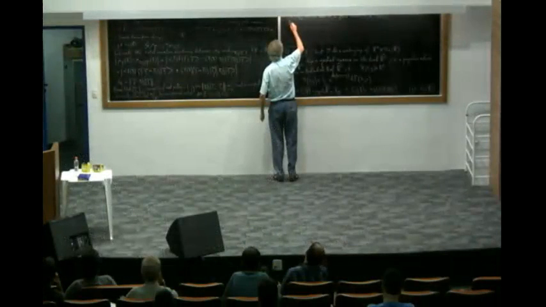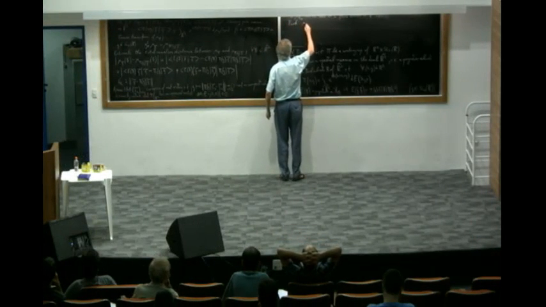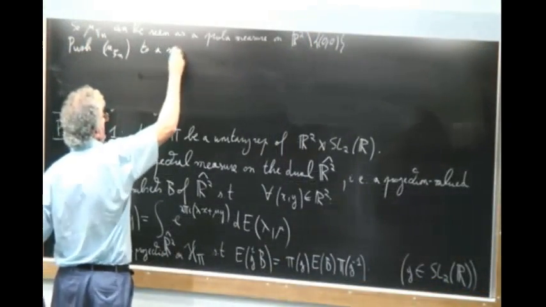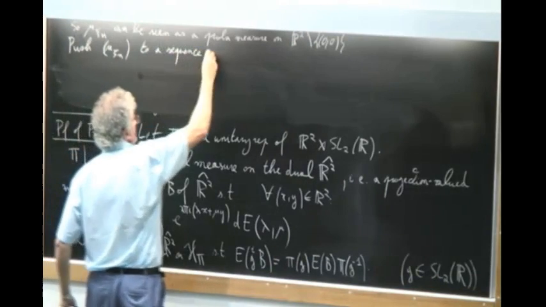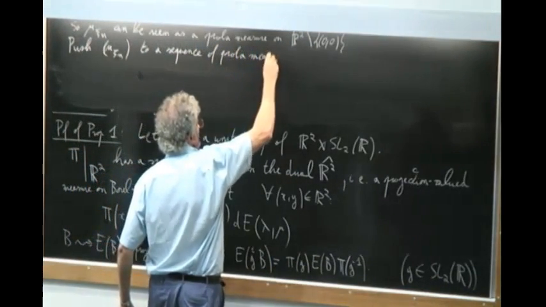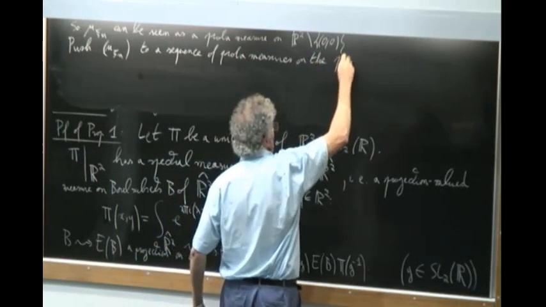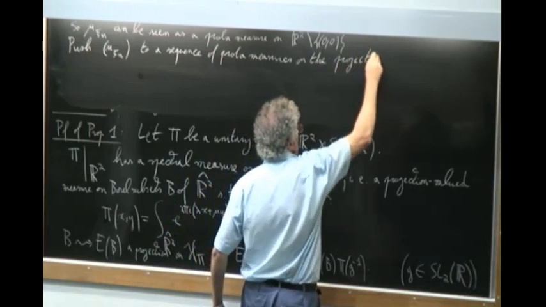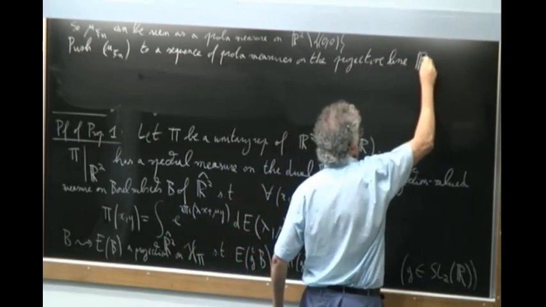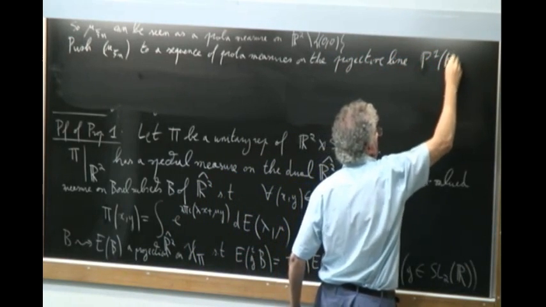So push the nu psi n to a sequence of probability measures on the projective line associated with R2 hat.